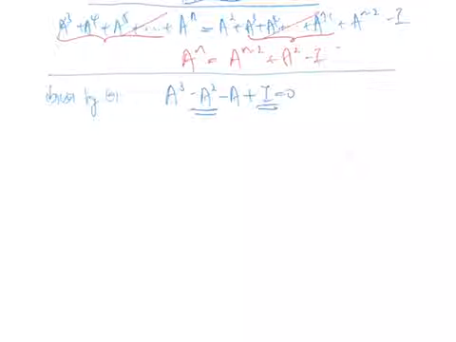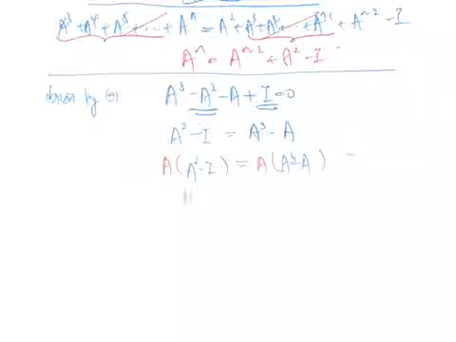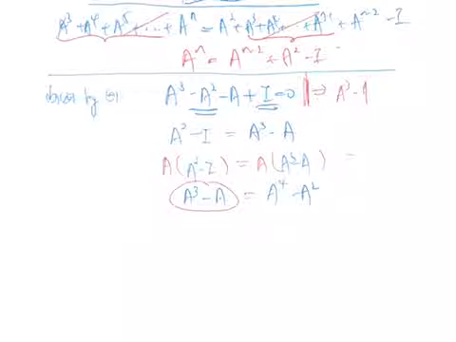So A squared minus I equals A cubed minus A. And then we multiply the left hand side and the right hand side by A. So we have A to the power 3 minus A equal to A to the power 4 minus A squared. Now A to the power 3 minus A, based on this result, we see that A to the power 3 minus A is A squared minus I. So this will change to A squared minus I.